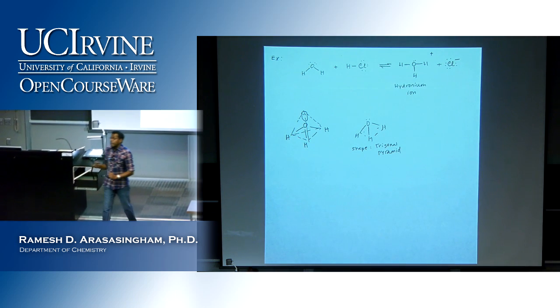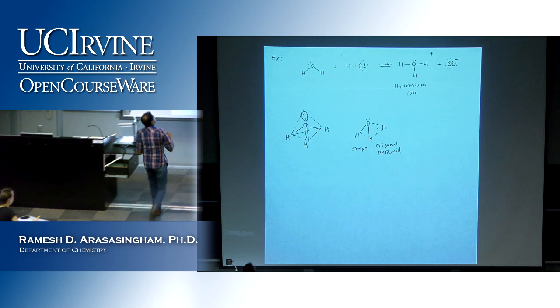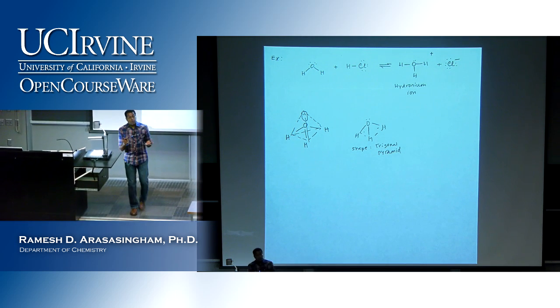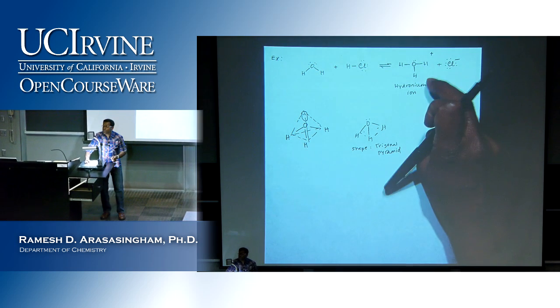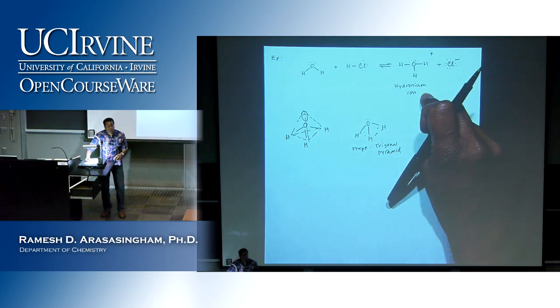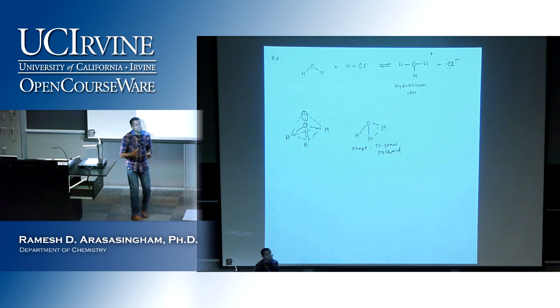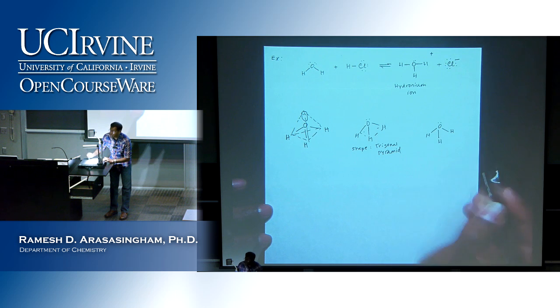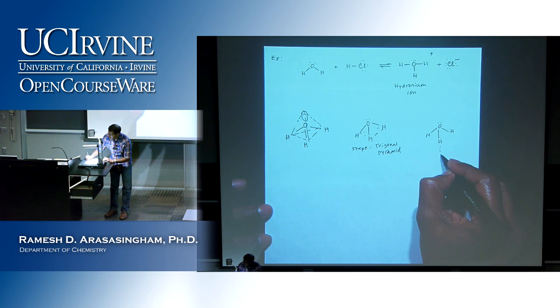All right? And if you look at this in water, as all of you know, water forms hydrogen bonds. So even though we describe hydronium ion like this, in reality, this is not the best description of the hydronium ion, because this hydronium ion is going to hydrogen bond with other water molecules like this.